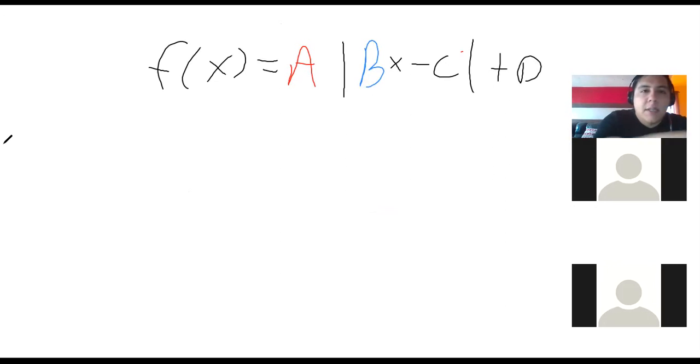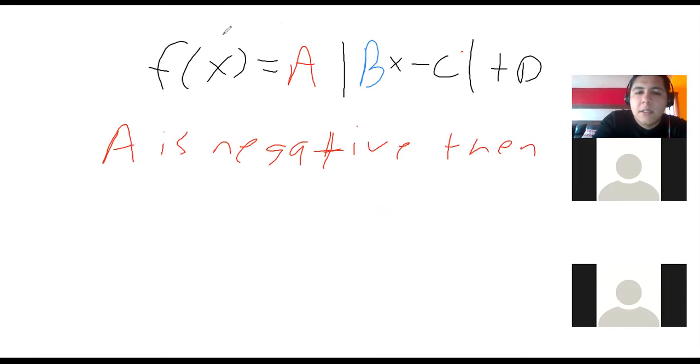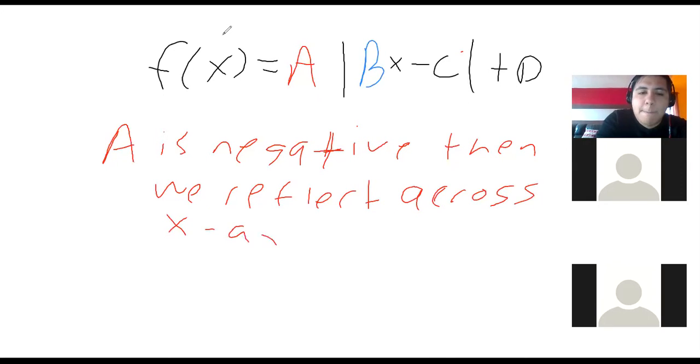So let's start by saying, okay, if A is negative, then we reflect across the x-axis. So let's think about our absolute value graph that looks like this, right? If it reflects across the x-axis, what would happen to it?